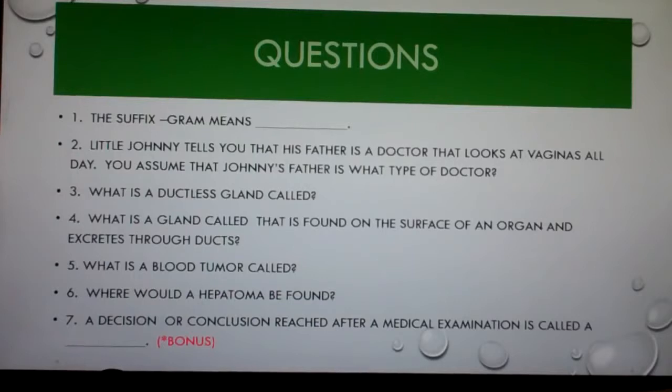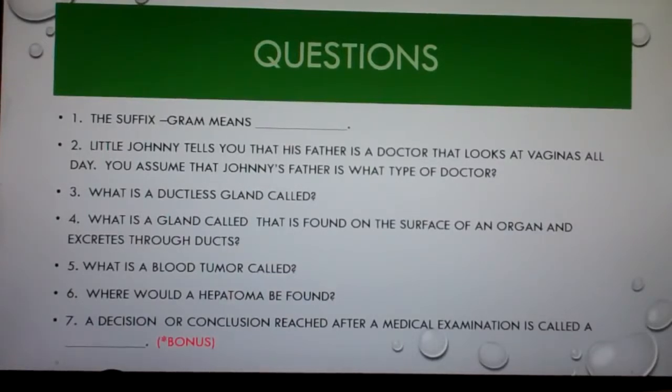Questions. Number 1, the suffix gram means blank. Number 2, little Johnny tells you that his father is a doctor that looks at vaginas all day. You assume that Johnny's father is what type of doctor? Number 3, what is a ductless gland called?